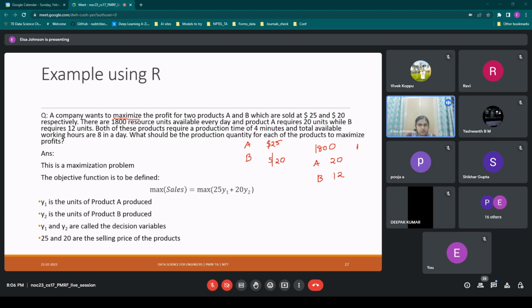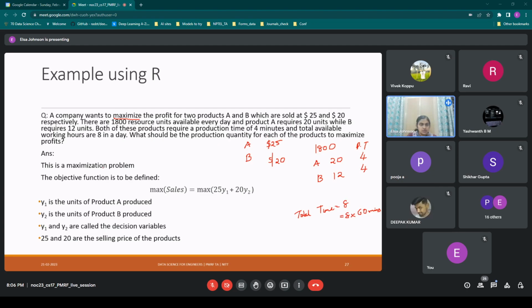The total time is 8 hours per day. Since it's given in minutes, it will be 8 into 60 minutes. What should be the production quantity of each of the products to maximize the profits?